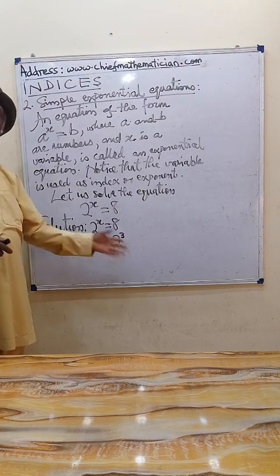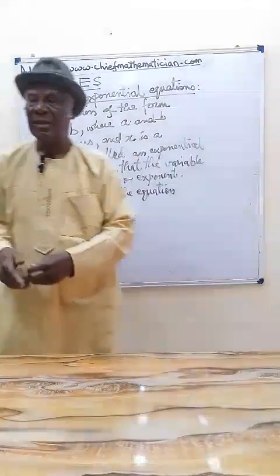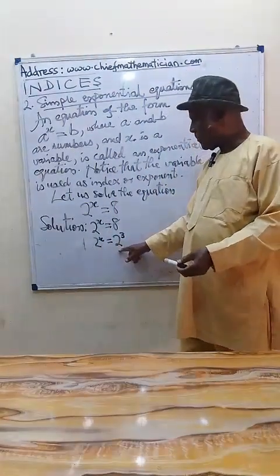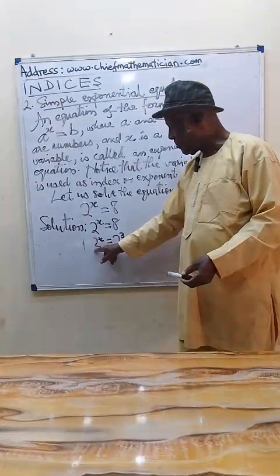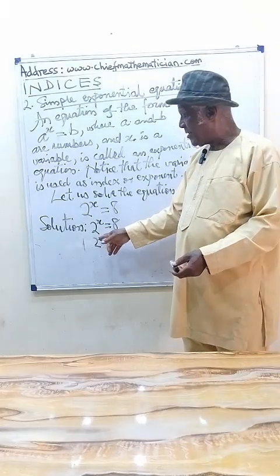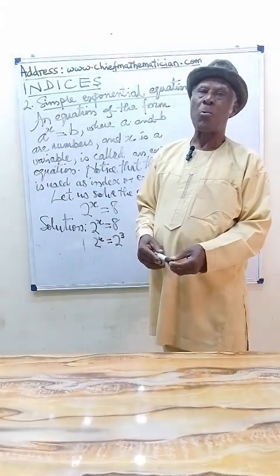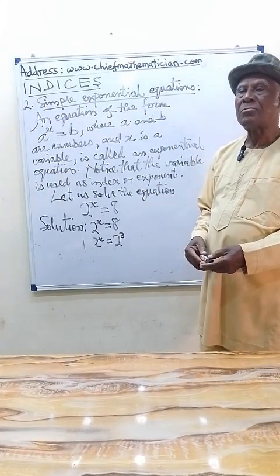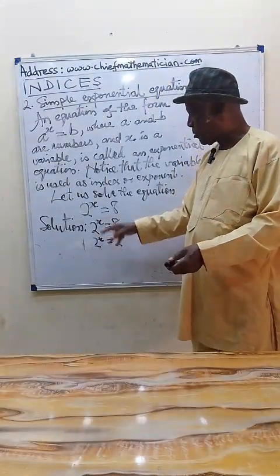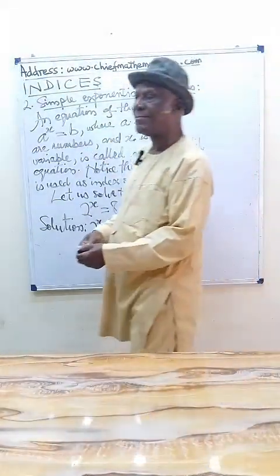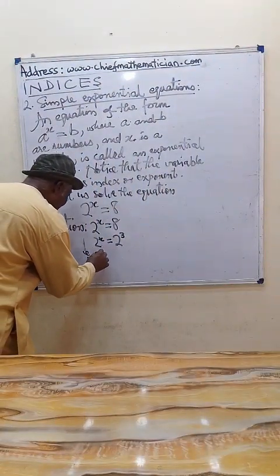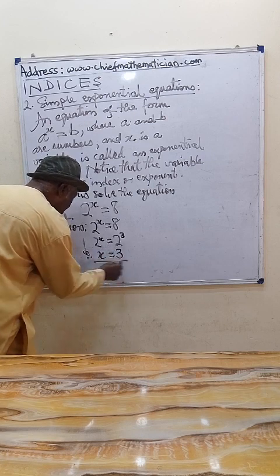As long as the base is the same on both sides, that can only happen when the indices are equal. Please take note. And so, if 2 to the power x is equal to 2 to the power 3, then x is equal to 3.